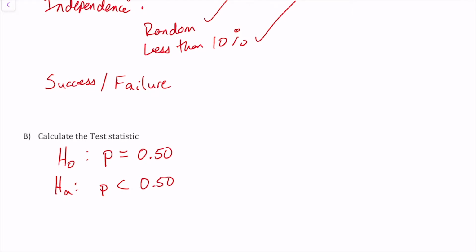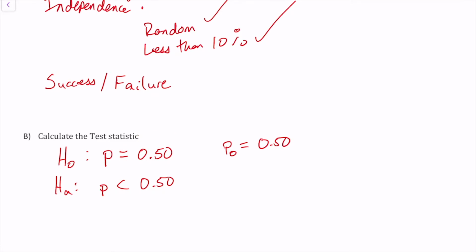So that's our hypotheses. And so what that means is that P null, the hypothesized proportion, is 0.50. So the P naught that we're going to use in all of our formulas comes from your hypothesis, and it's going to be that 0.50 right there.